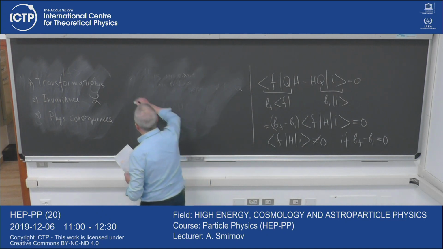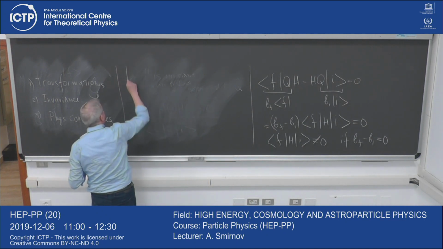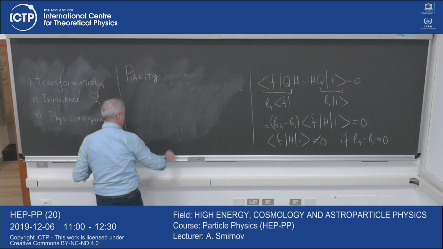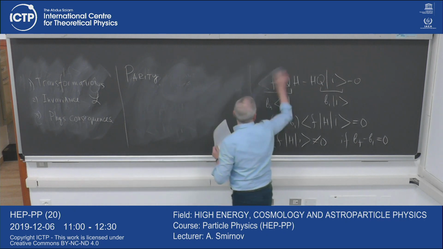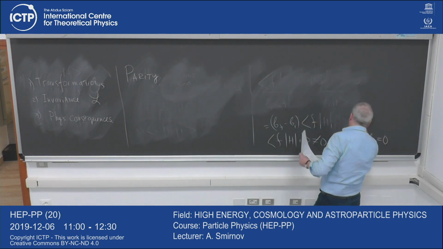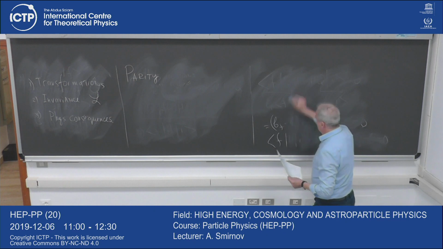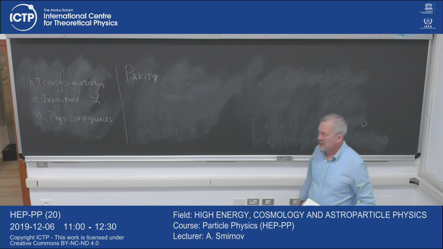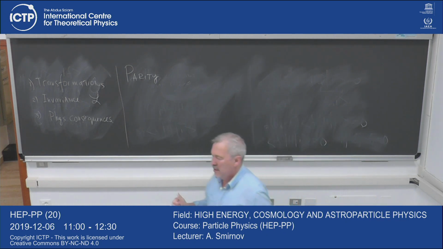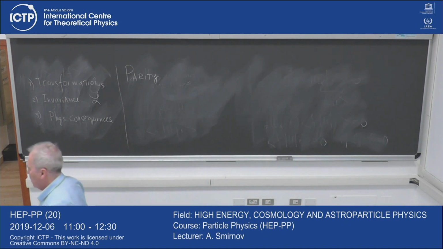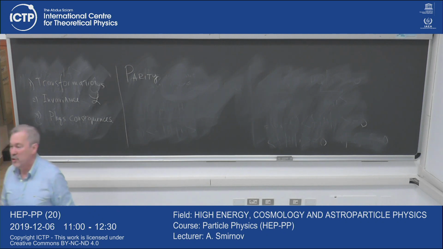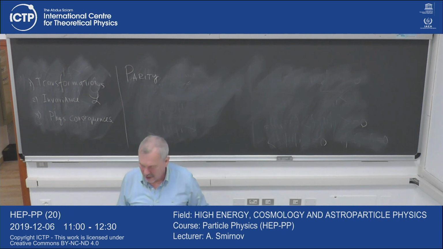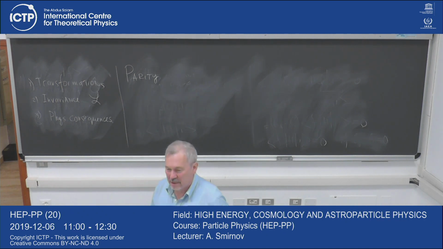So we start with parity. I will discuss the discrete symmetries: parity, CP, and the symmetries related with U(1), which is continuous. And then you can, if you want, generalize this to more complicated symmetries.